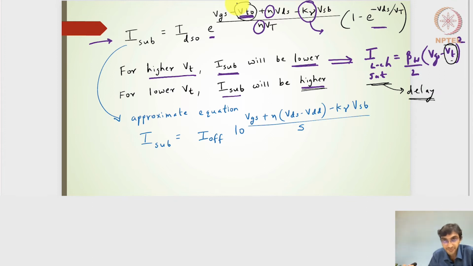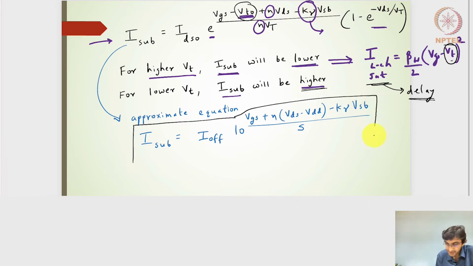Now this particular expression turns out to be a little bit complex to apply for digital circuits, to analyze them in terms of the subthreshold leakage current or to evaluate the static power. So a better, approximate equation has been stated, and that is this particular expression.